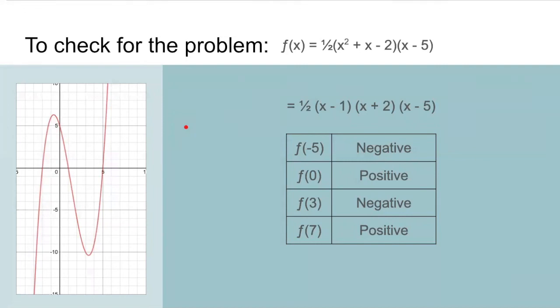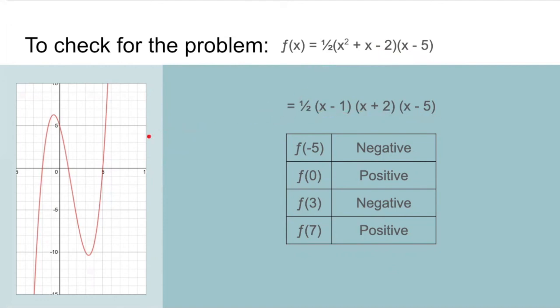Okay, so lastly, what we can do to double check our problems is plug in values. This is the same problem from the previous slide, right? The same function, and this is the factored out form of the function.